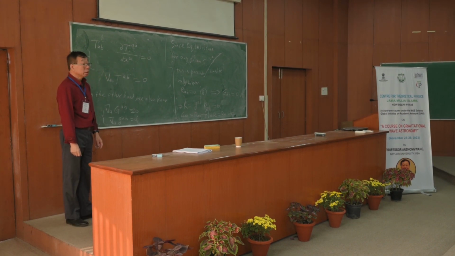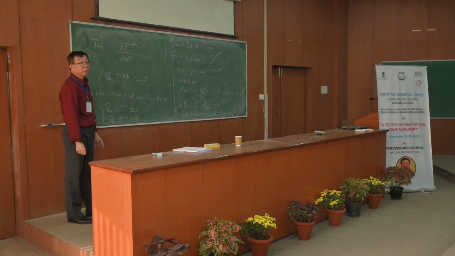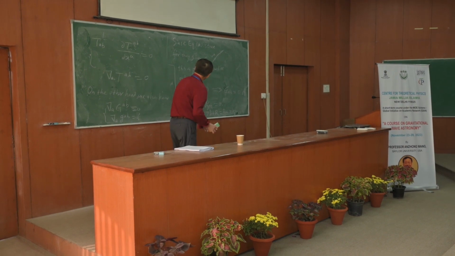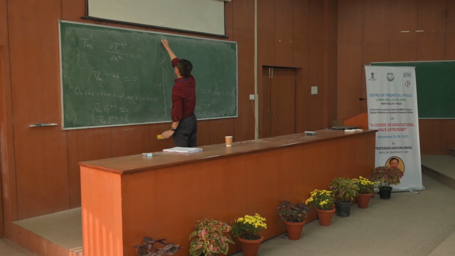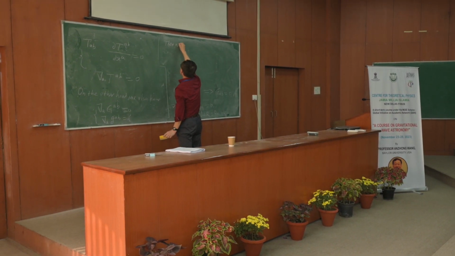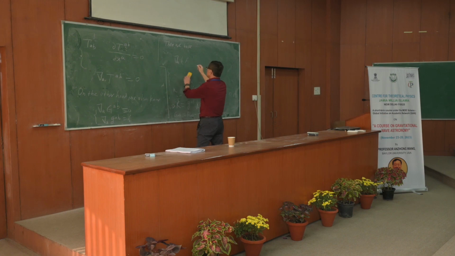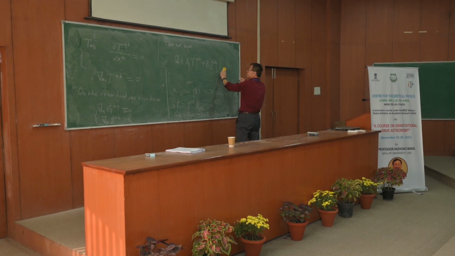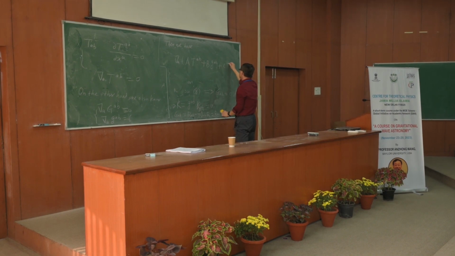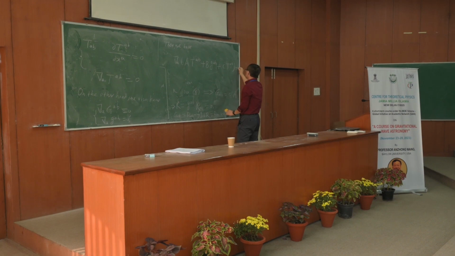If you put these together, I'm going to put a constant c times T_{ab} equals 0.